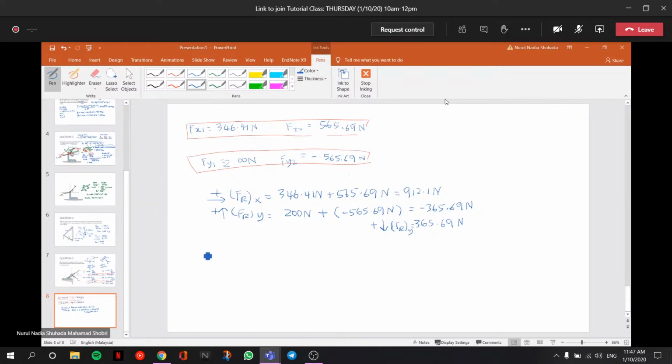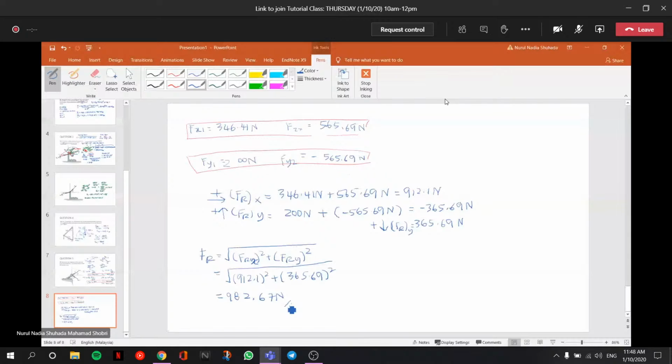So to get the resultant force, you can just calculate it. Okay, so the answer to the resultant force is 982.67 Newton.